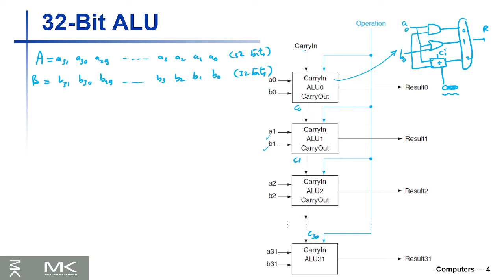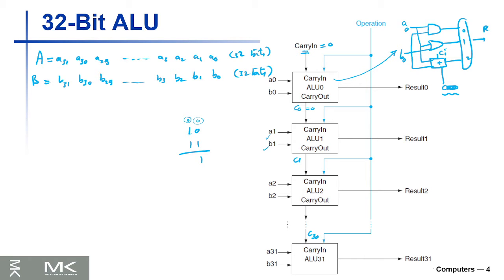How about the carry in here? The very first bit, this should be 0. If you are adding, for example, 1 0 plus 1 1, if you are adding these two numbers, you can say that there is an input carry, which is 0. So 0 plus 0 is 0, 0 plus 1 is 1. Then we have a carry of 0, so the first carry here will be 0 after the first operation of the first bit.